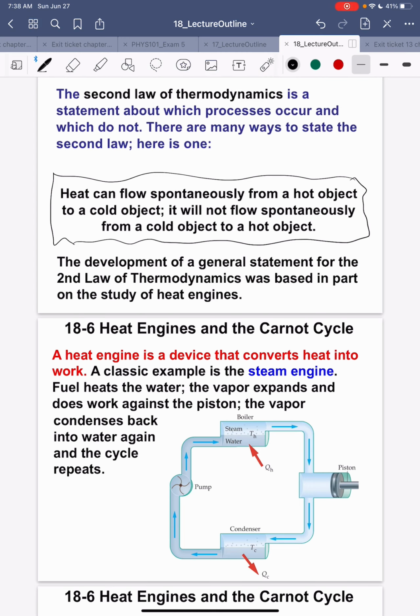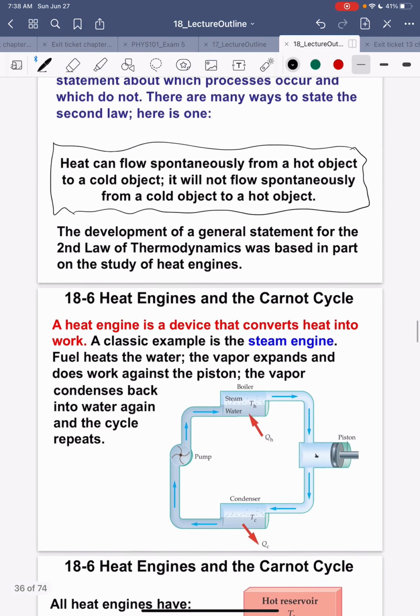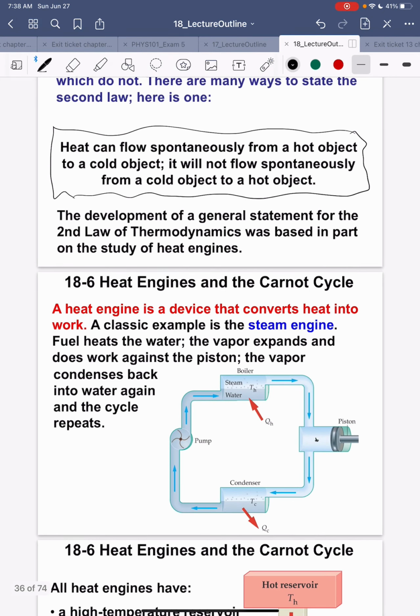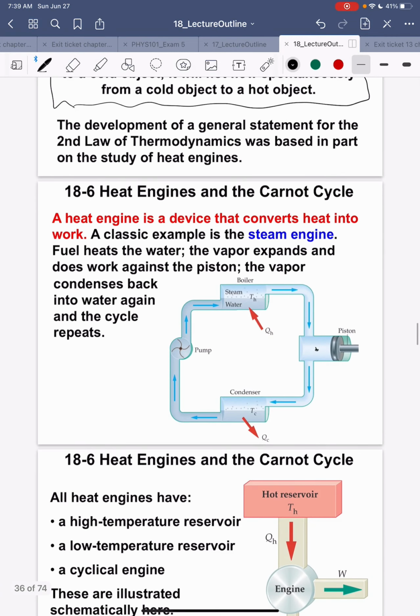A fuel heats the water, which creates vapor or steam, which expands and does work against the piston. Then the vapor condenses back into water and the cycle repeats, so this is a continuous process.